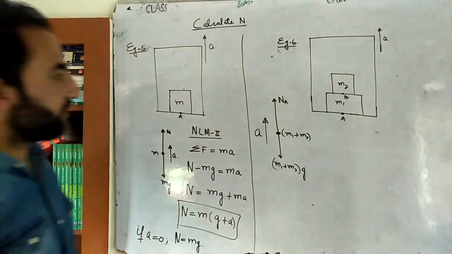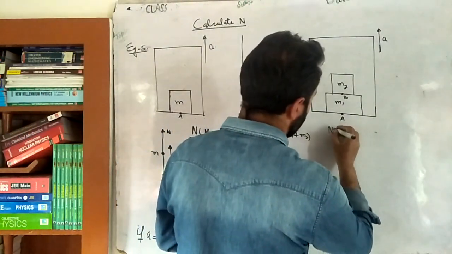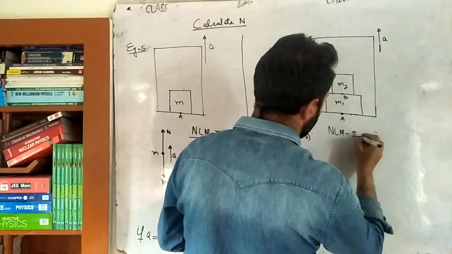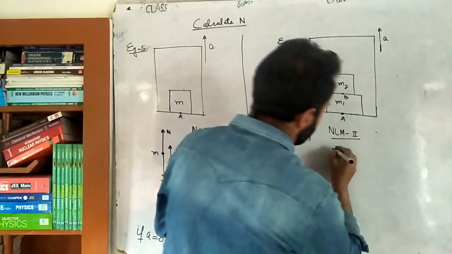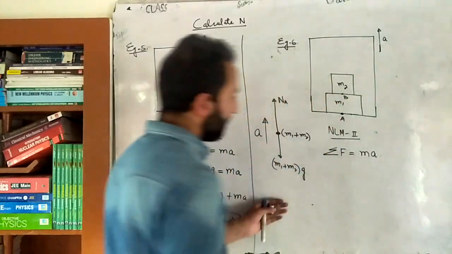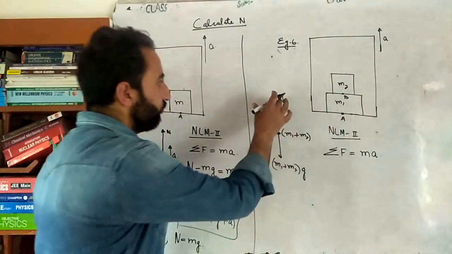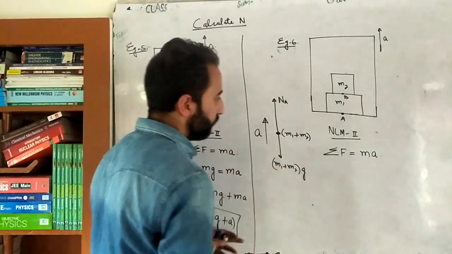Now you want to calculate the normal reaction at the point A. So simply again you will use Newton's second law of motion. And what's Newton's second law of motion? That the summation of all the forces is equal to mass into acceleration. Now how many forces are there? Two forces, so two forces are there. Take this force positive, take this force negative.